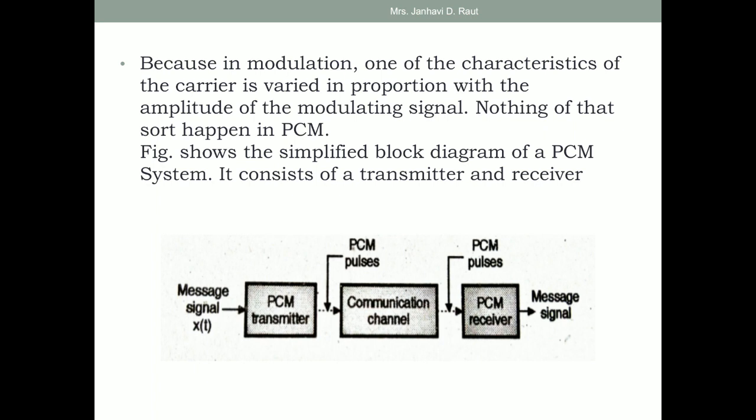This block diagram of the PCM system consists of the transmitter and receiver blocks. There is a message signal, the input x of t, then the PCM transmitter, PCM pulses, communication channel, PCM pulses, and the PCM receiver, and at last the message signal, or you can say the output side.